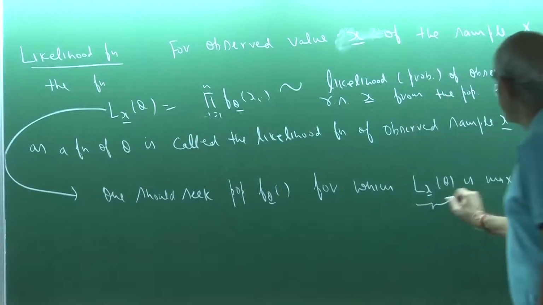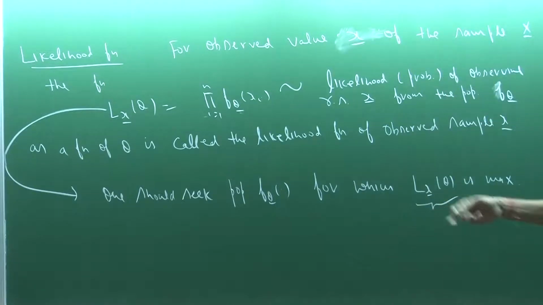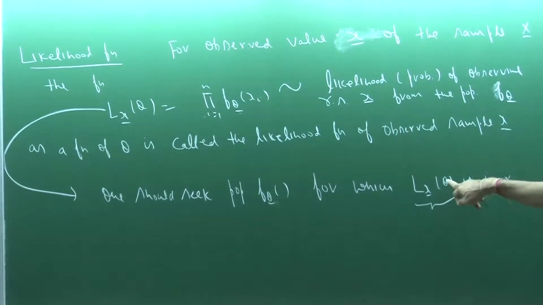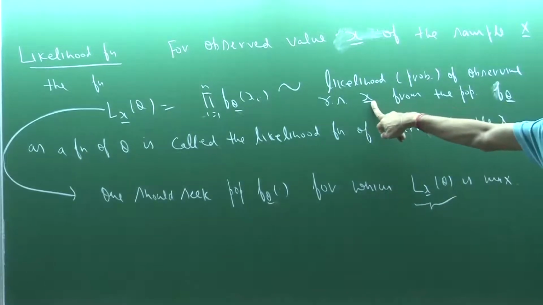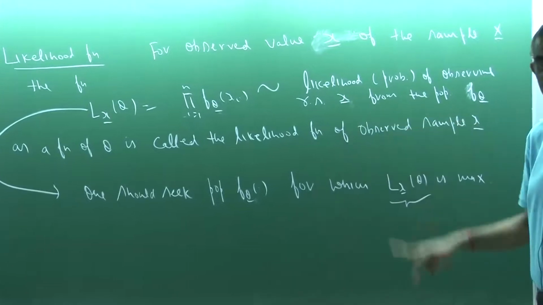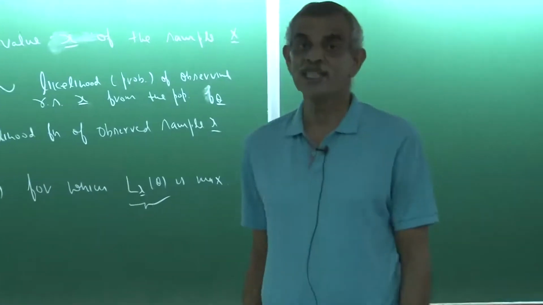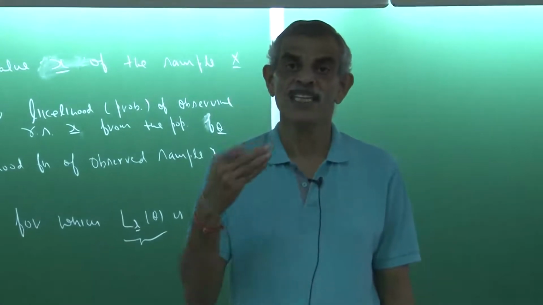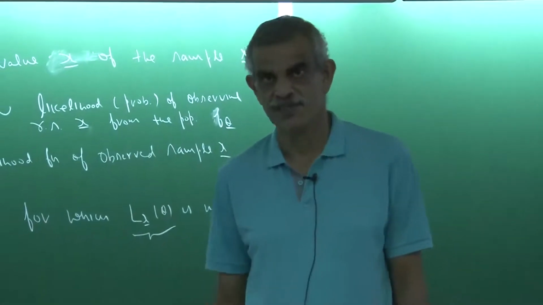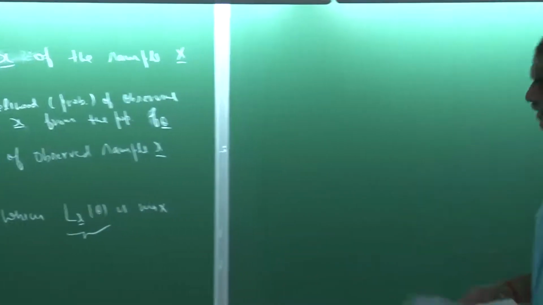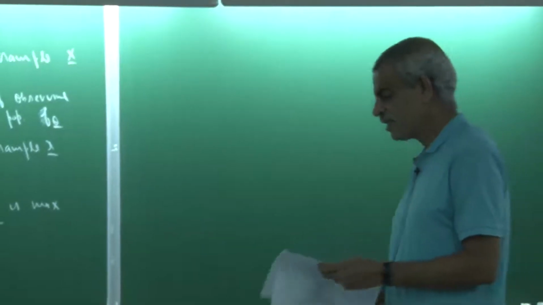The population is identified through theta. So I try to look for that theta for which the probability of observing the given data x is maximum. I look for a population which has the maximum chance of yielding the given data which we have observed. And that is nothing but the maximum likelihood estimator.